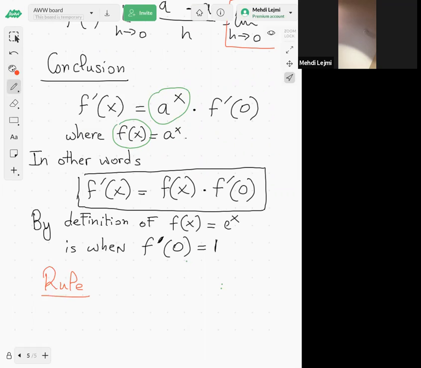When the base a is equal to the number e, f prime of x is equal to f of x.